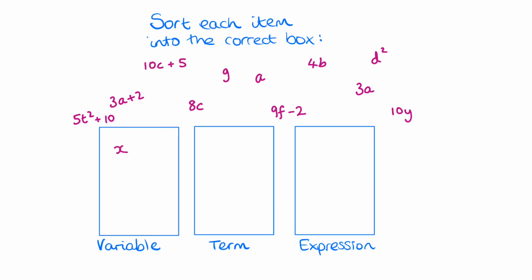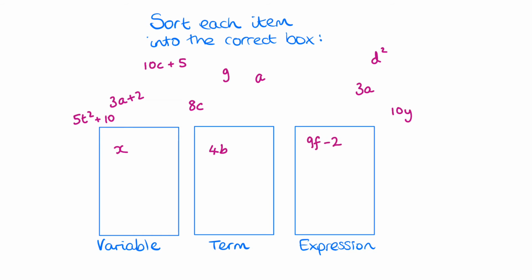Can you see anything there that's a term? Well, 4b, for example, is a term because that's a variable that's been mixed with a number. And then an expression, remember, is what you get when you put terms together. So let's just pick the closest one here. So 9f minus 2 is an expression.